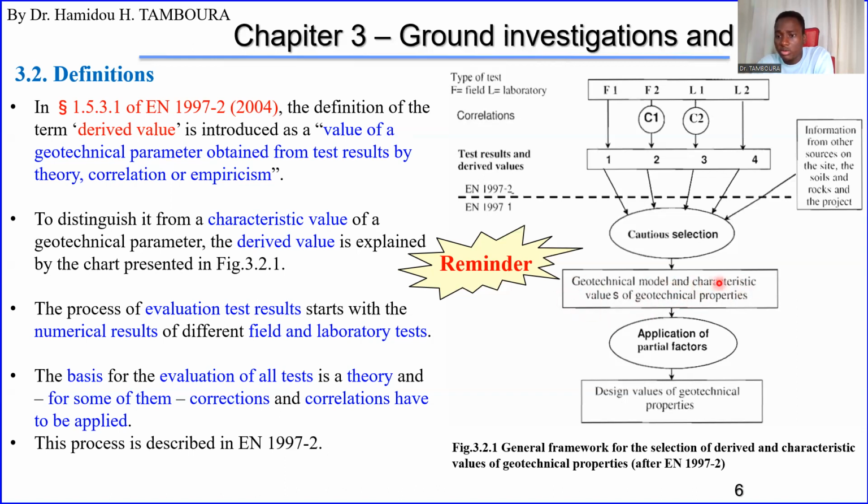These characteristic values are obtained by cautious selection, using some information related to the project and site. So in this video, the objective is how to obtain characteristic value from lab test.